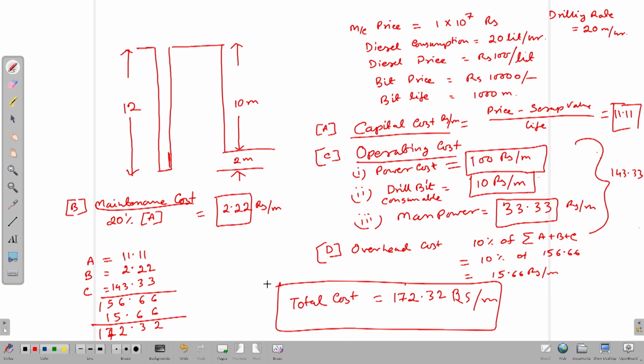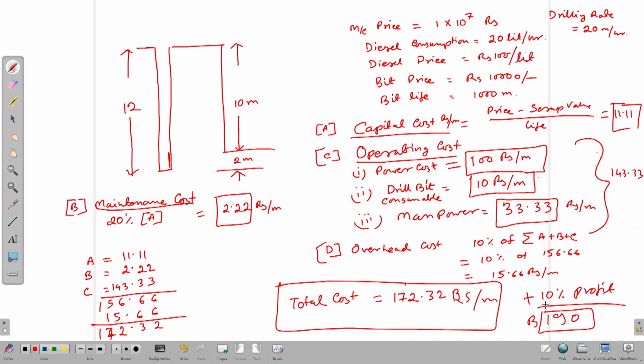So, if you are considering outsourcing this, you have to add above this the contractor's profit, that may be again around 10% of profit you have to give. So, this will come to 10% of that, means again 17 rupees. So, this will come to approximately 190 rupees if you are allowing this to be operated by the outsourcing plan.